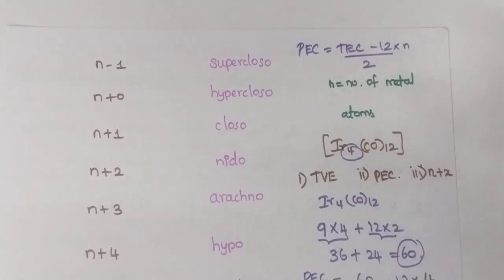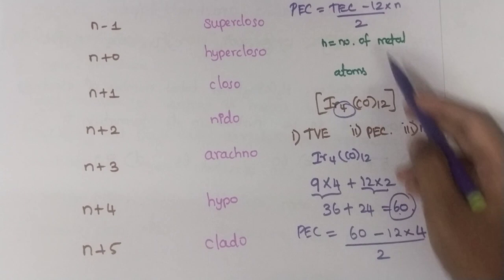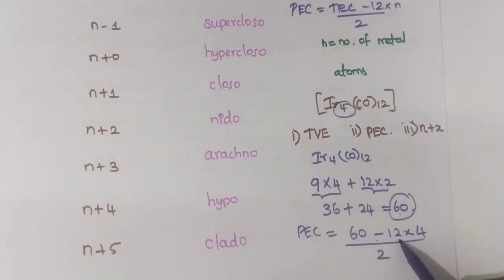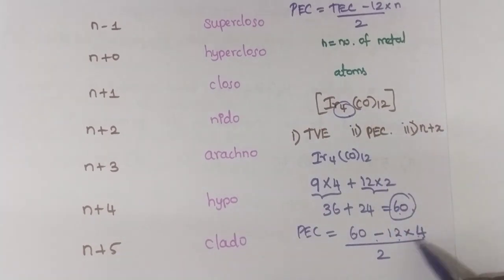Here the total valence electron count is 60, hence it is 60 minus 12 into n, where n is the number of metal atoms. Here the number of metal atoms is 4. Now 60 minus 48 is 12, and 12 divided by 2 is 6. You have found that the polyhedral electron count is 6.